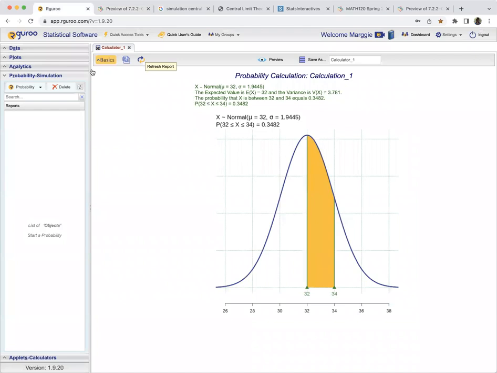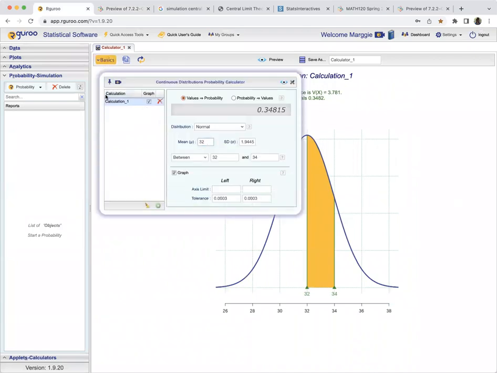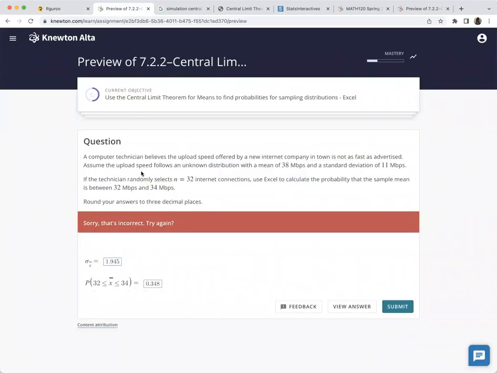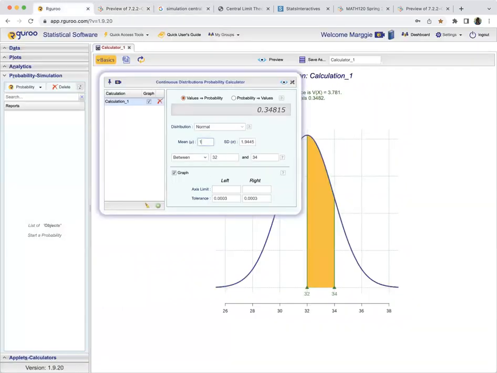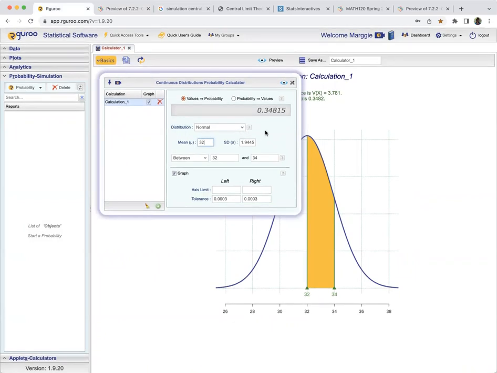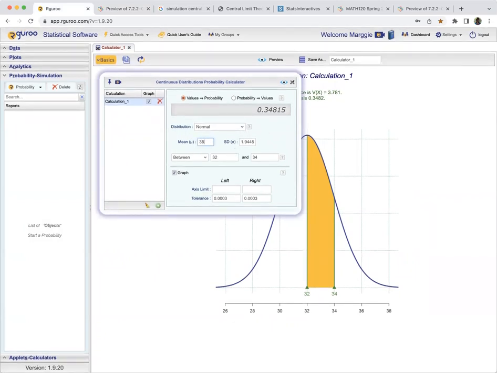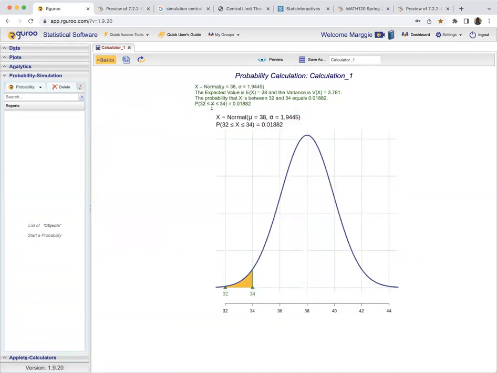If I go here, the mean is 38. The mean is 38. I don't know where I took that. And I do 32 again. It's 38. All right, so let's see. Mean is 38, and I have the standard deviation.